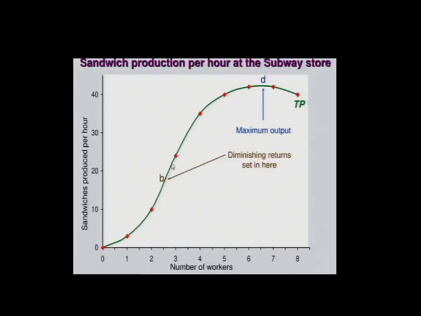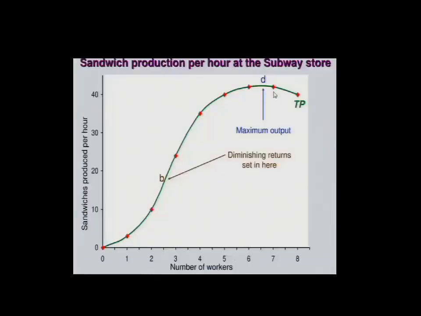You see that between points, the distance here is shorter now, shorter, and even negative. As we add more workers, our sandwich production per hour starts diminishing. So the sandwich production increases, but at a diminishing rate. Moving on now. By the way, there's this maximum production here.